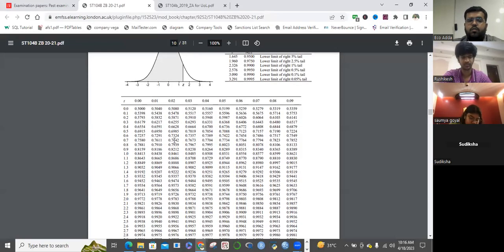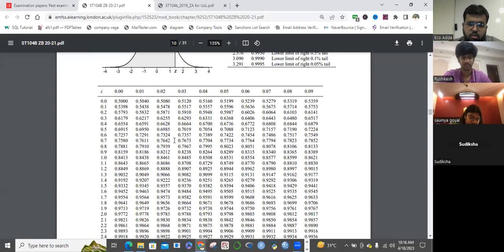Therefore, first I need to look for the value 2. Obviously, 2 is here. But we need 2.03. This is 2.00, this is 2.01, this is 2.02. But we need to find 2.03. And therefore, we need to look for this value. Understood? Any doubts, anyone?